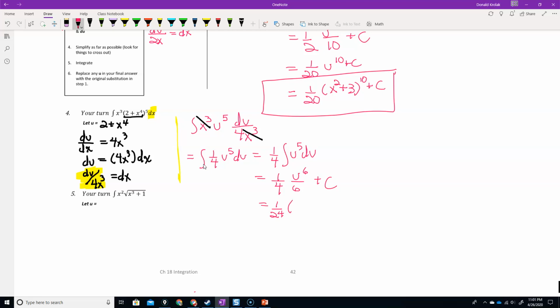And then I can put my u back in, and there's my antiderivative.